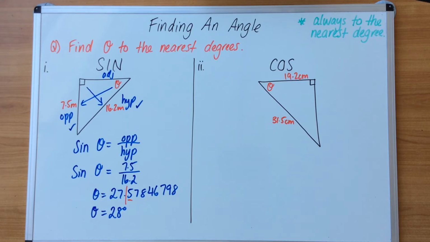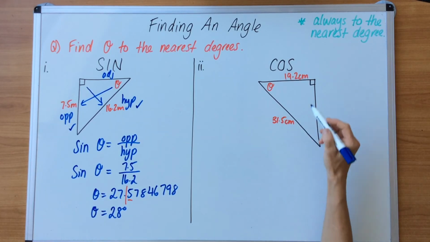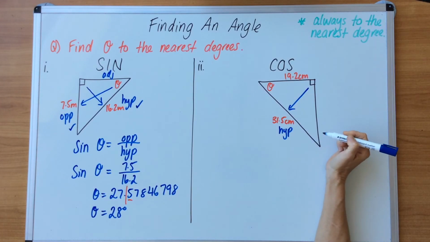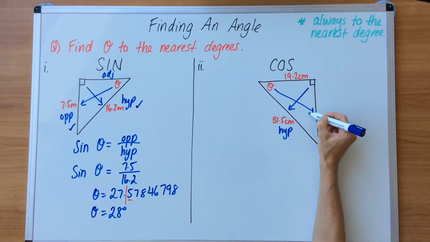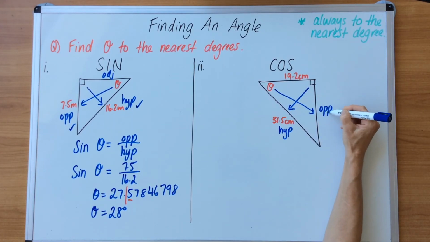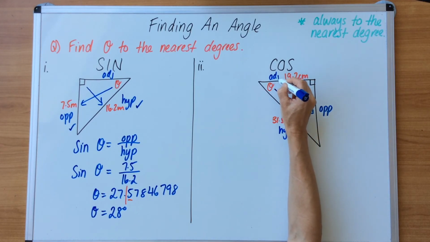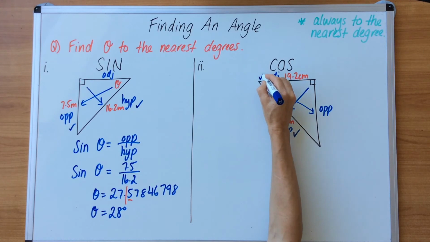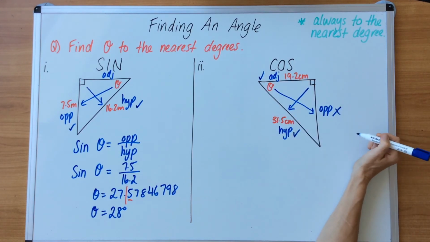On the right hand side here, we're going to do exactly the same for cos, but the cos button is going to feature now. So we label the triangle first up. So opposite the right angle box is the hypotenuse. Opposite theta here is the opposite. And what sits next to the angle is the adjacent. Now I have some hypotenuse information and some adjacent information and no opposite.